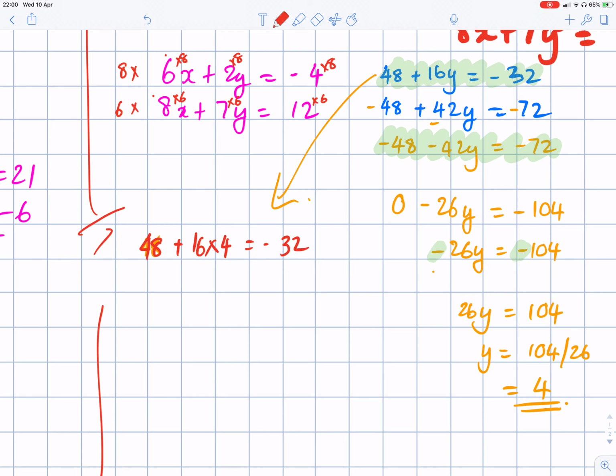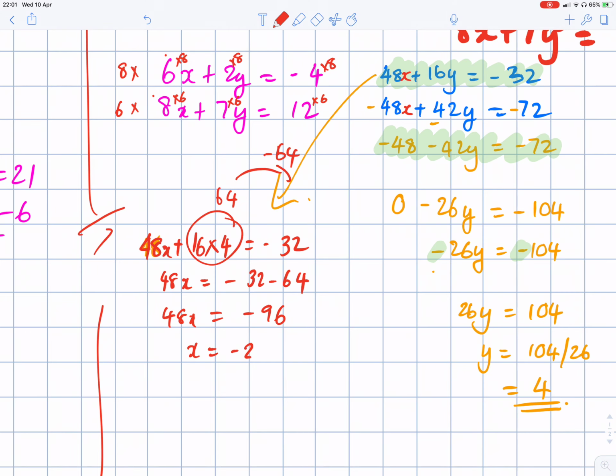So this was 48x, by the way. 48x equals minus 32 minus 64, because this becomes 64, moves to the other side, becomes a minus 64. So minus 96 is 48x, which means x is minus 2.